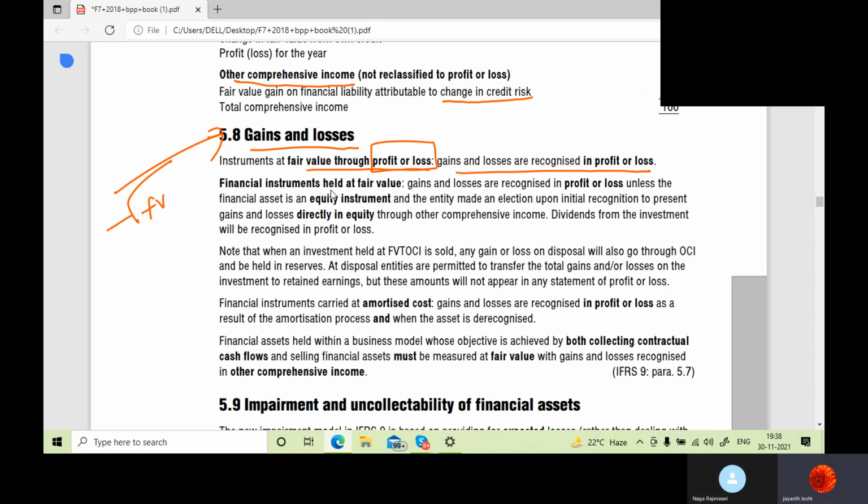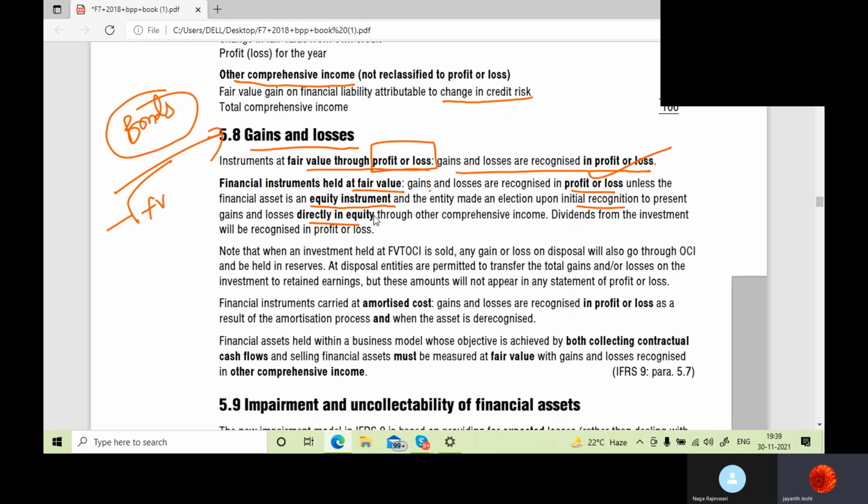So for financial instruments held at fair value, gains and losses are recognized in P&L unless the financial asset is an equity instrument. We are speaking about what? Bonds. So if financial instruments are held at fair value, then you will recognize the gain or loss in this account, unless it is an equity instrument and the entity made an election upon initial recognition to present gains and losses directly in equity.